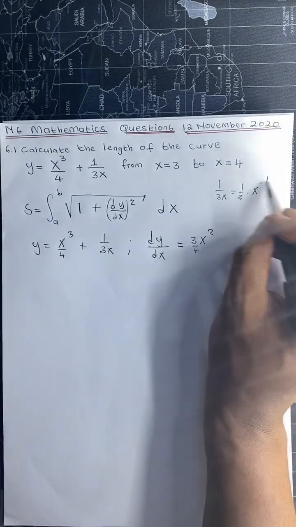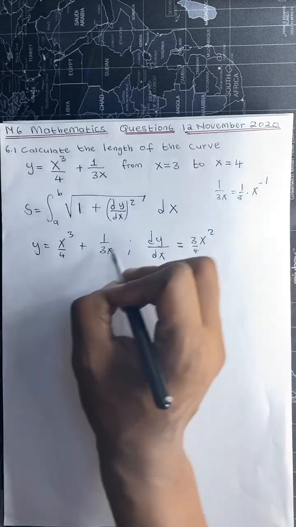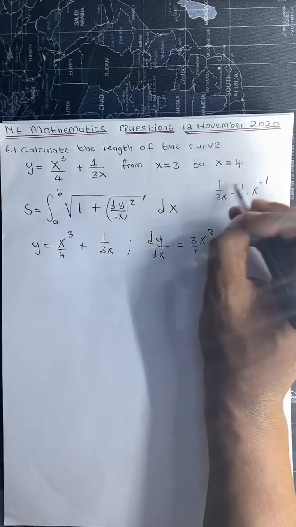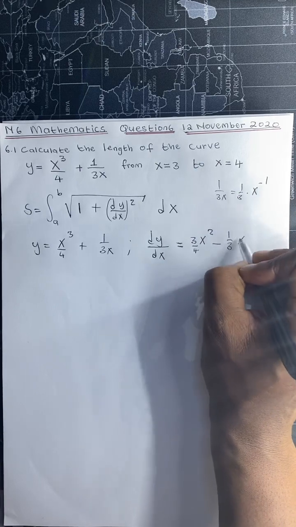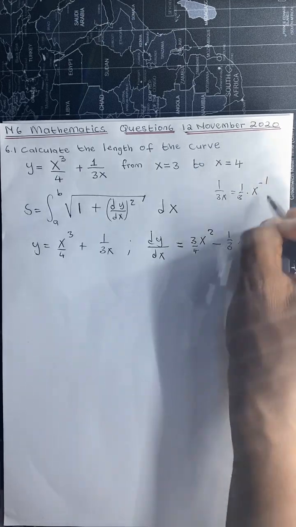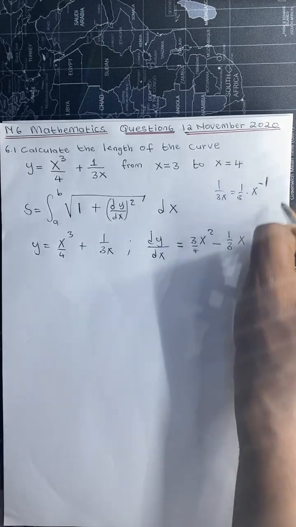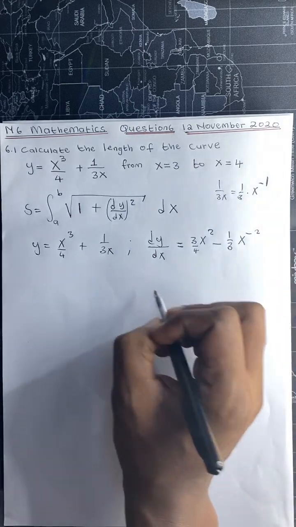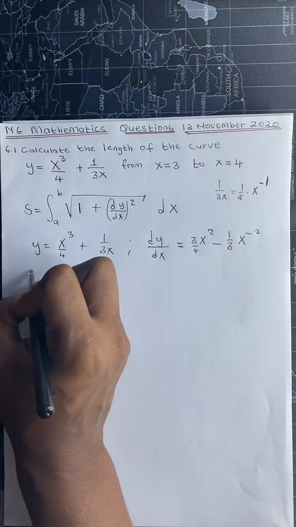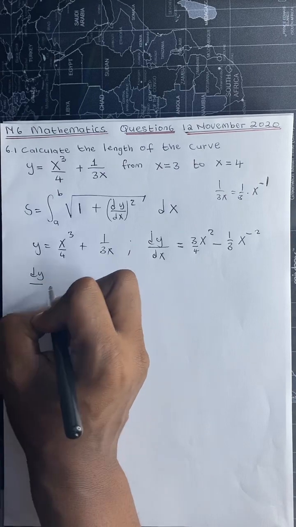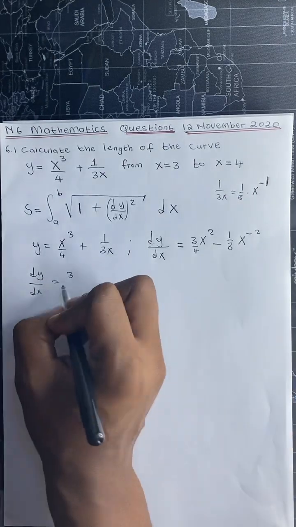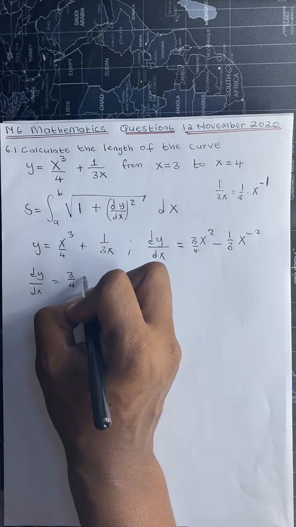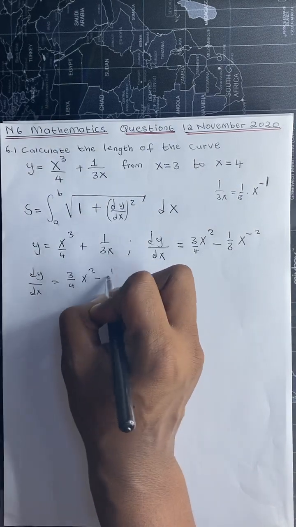So let's differentiate that because it's easier. The derivative of that would be equal to negative 1 over 3 x raised to the power negative 1 minus 1, which is negative 2. So our dy over dx we can rewrite as 3 over 4 x squared minus 1 over 3.